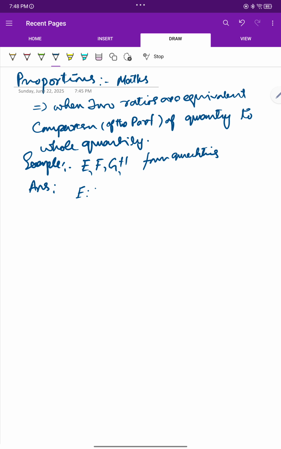You can do it like this: E ratio F. Proportion is represented by four dots, and then G ratio H. So E ratio F are in proportion with G ratio H. Mathematically, F and G, the middle ones, are called the mean proportion.